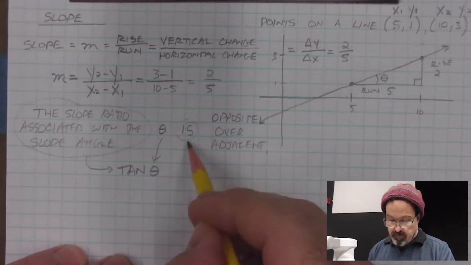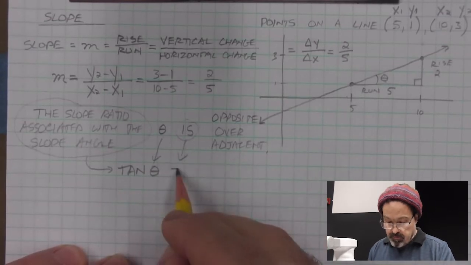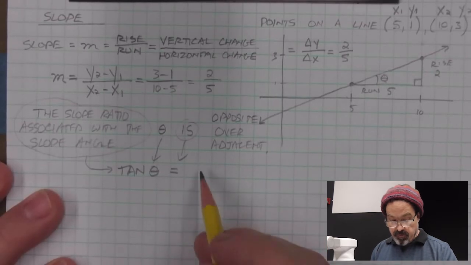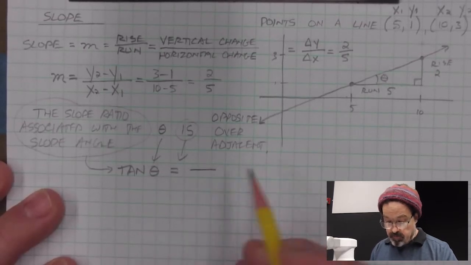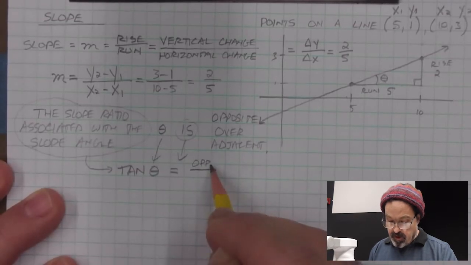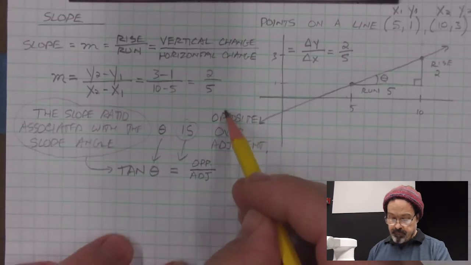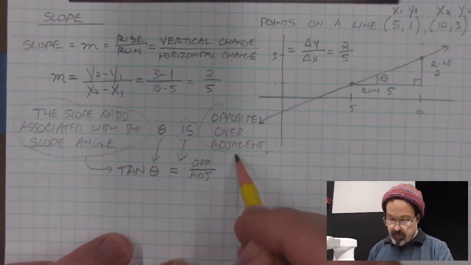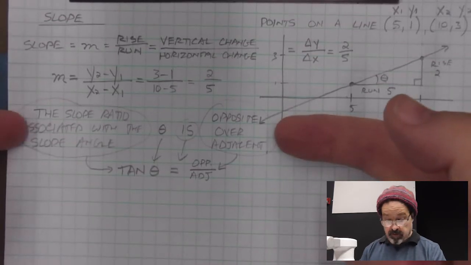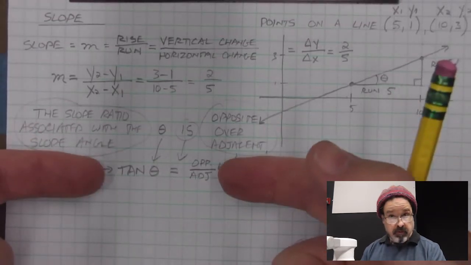The word is, we translate to an equal sign. And opposite over adjacent means a ratio. And we can have abbreviations OPP for opposite and ADJ for adjacent, just to shorthand it. So I've translated this conversation into an equation.